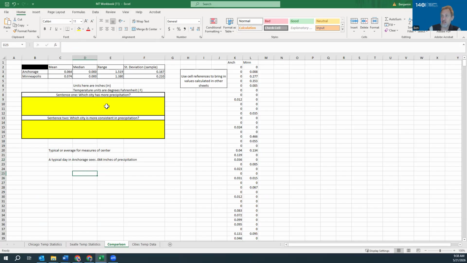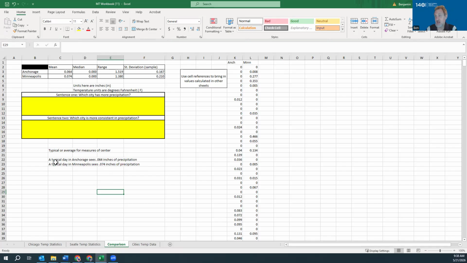The question is, which city has more precipitation? And if I put these two sentences of just talking about a typical day next to each other, so I'm going to put Minneapolis here next, and 0.074, then it should be clear that a typical day in Minneapolis has more precipitation because this number is higher than this number.